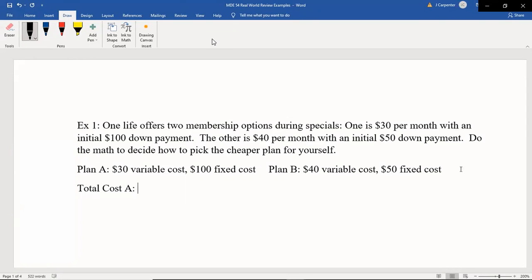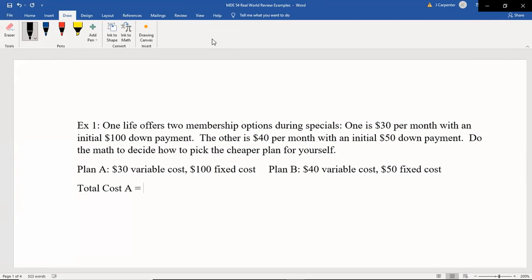A is going to be equal to the variable cost plus the fixed cost. But remember, a variable cost isn't just that $30, it's $30 times the variable. You can use whatever letter you like, X, A, B, M. I'm going to go with M for number of months.